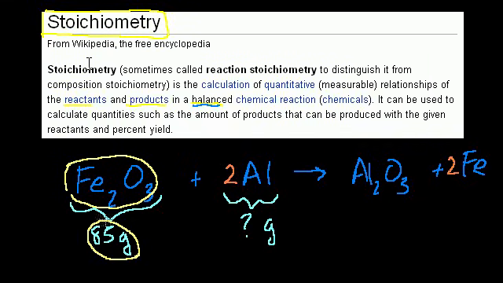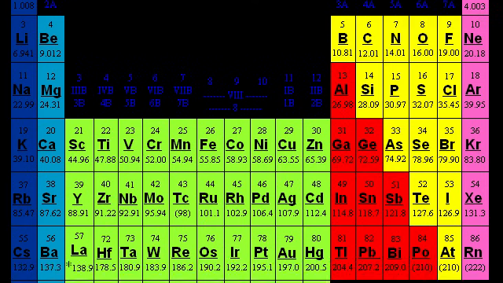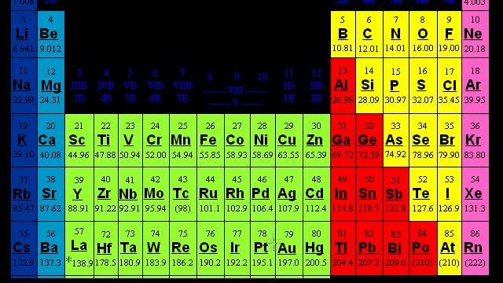So let's first figure out how many moles 85 grams are. What's the atomic mass of this entire molecule? Let me do it down here. We have 2 irons and 3 oxygens. So let me go down and figure out the atomic masses of iron and oxygen.